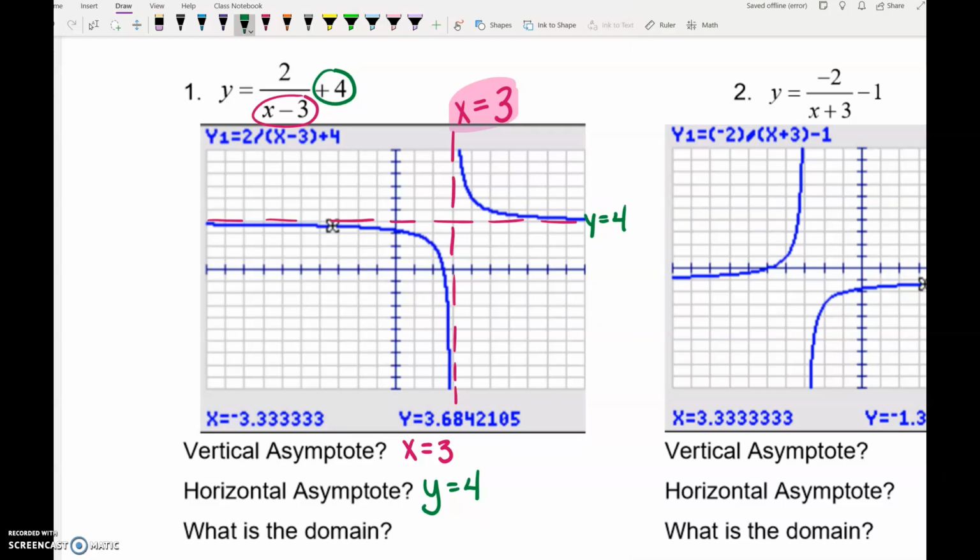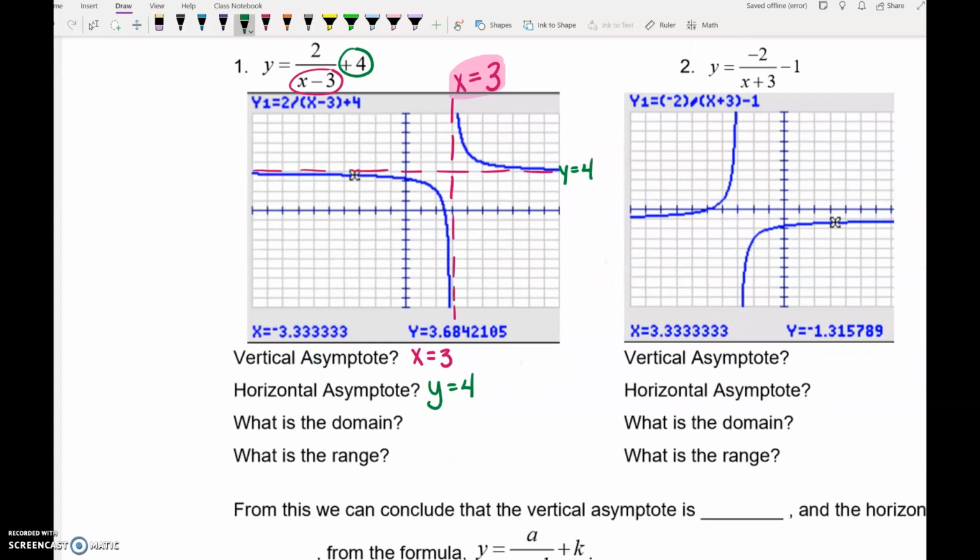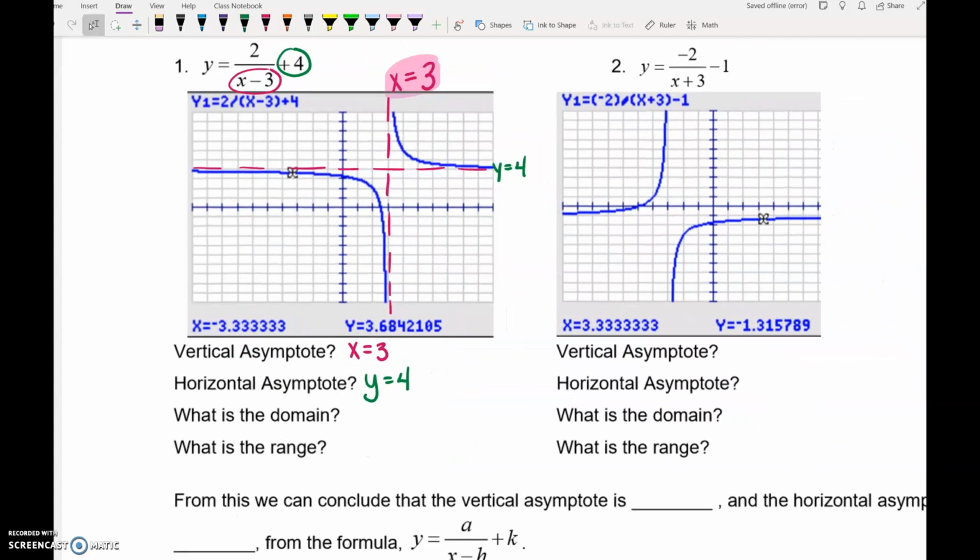Okay. Domain and range for these graphs is the easiest you've ever seen. It's not all real numbers because there are definite things that x and y can't equal. So the domain is all real numbers except x can't equal 3. And the range is everything except y can't equal 4.